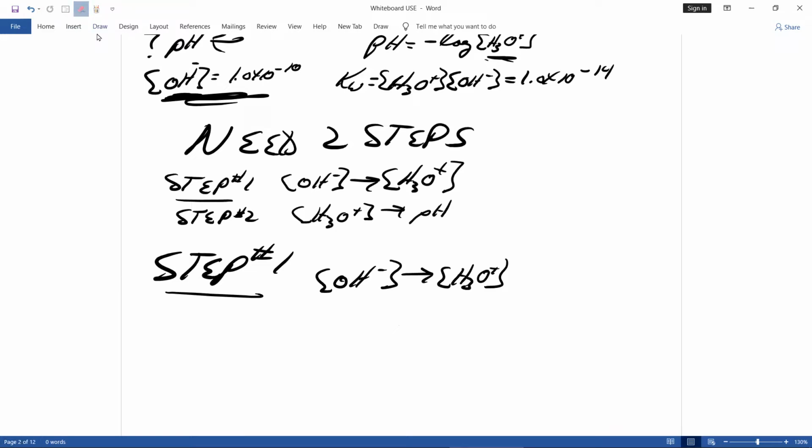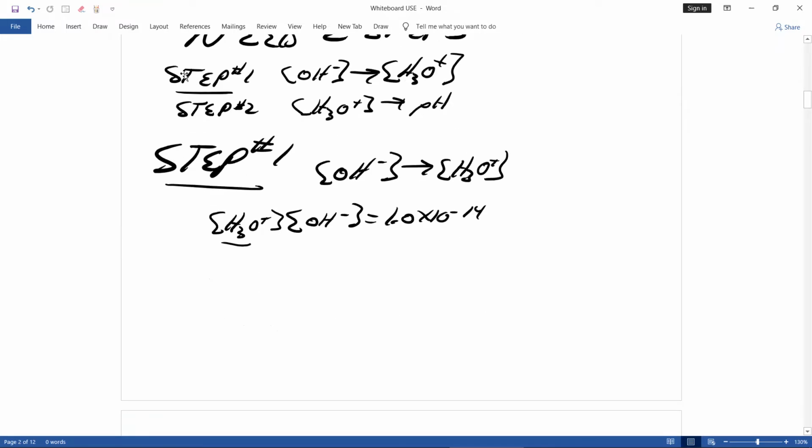But we also have this, which we're given. We want to solve for this. How do we get it alone on one side? We get rid of this. How do we do that? Divide by it, because anything divided by itself equals 1.